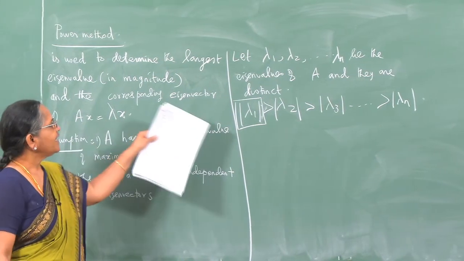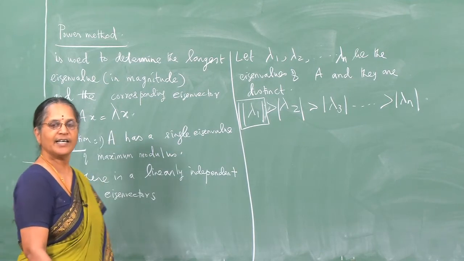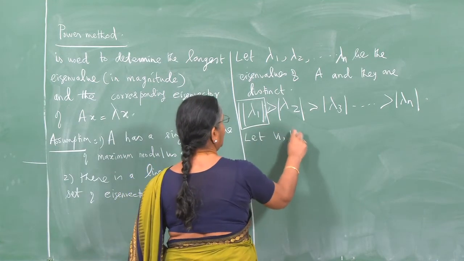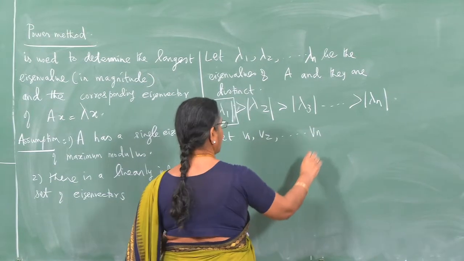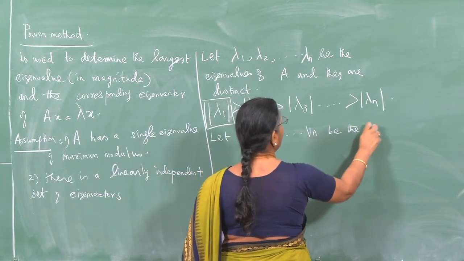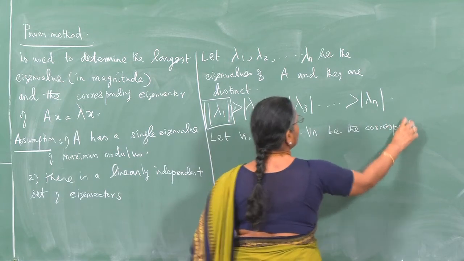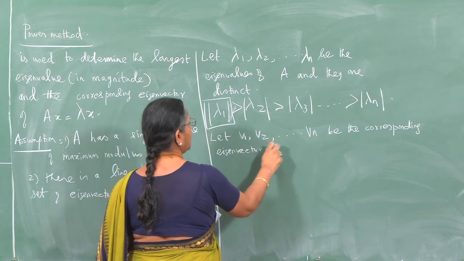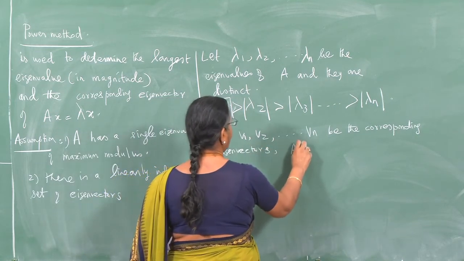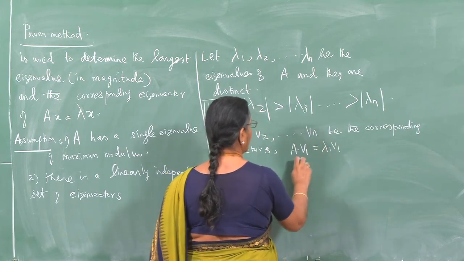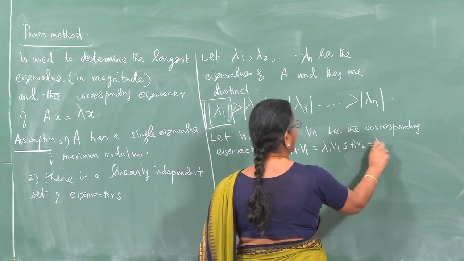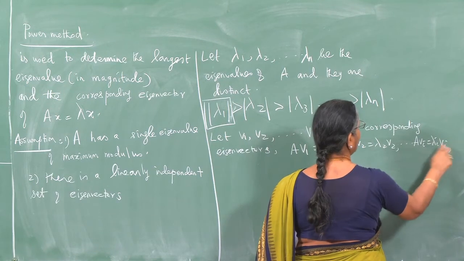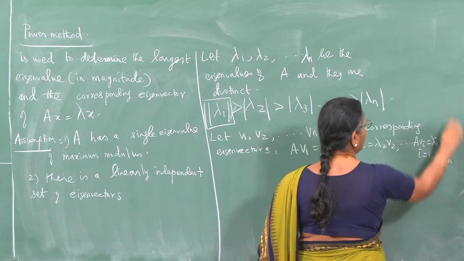The power method helps us to obtain this dominant eigenvalue numerically. If I denote by V1, V2, etc., Vn the corresponding eigenvectors, it means A V1 is lambda 1 V1, A V2 is lambda 2 V2, or in general A Vi is lambda i Vi for i equal to 1, 2, 3 up to n.